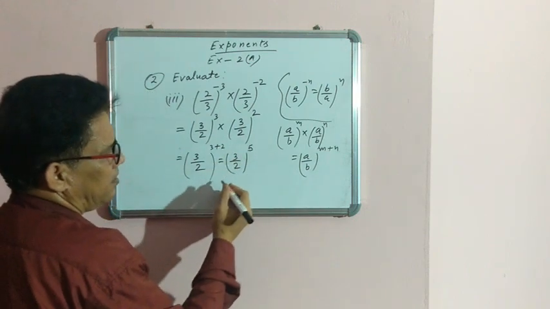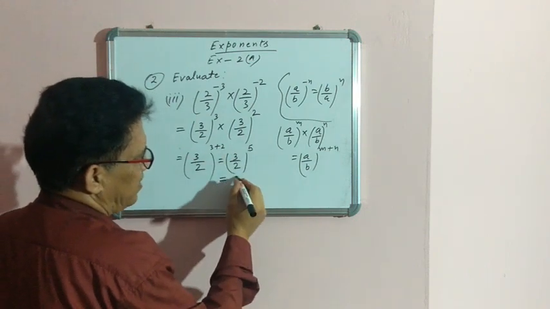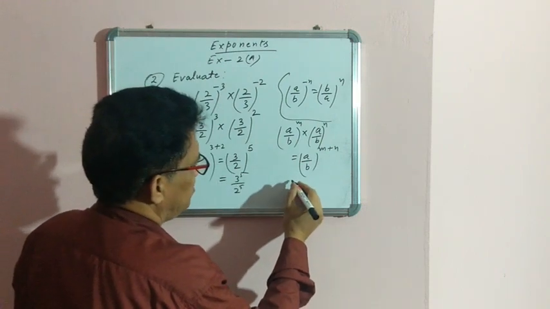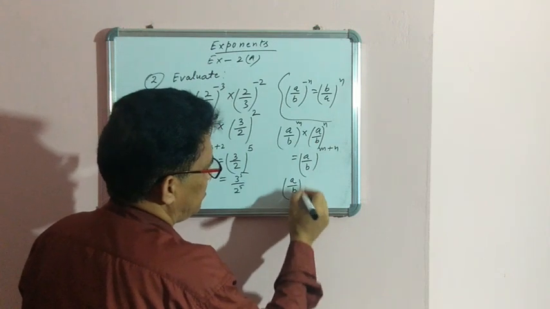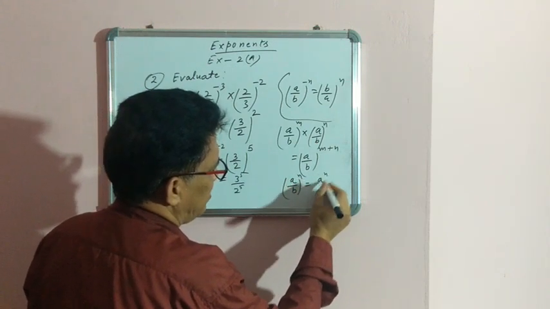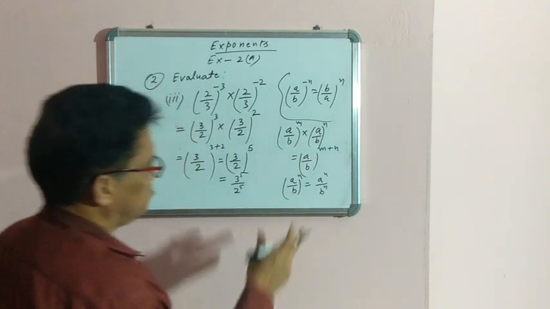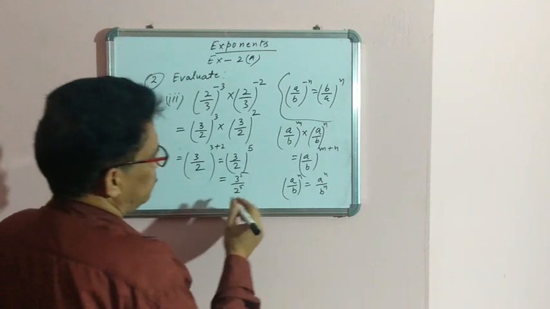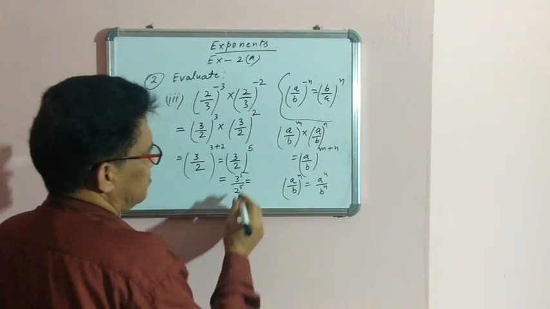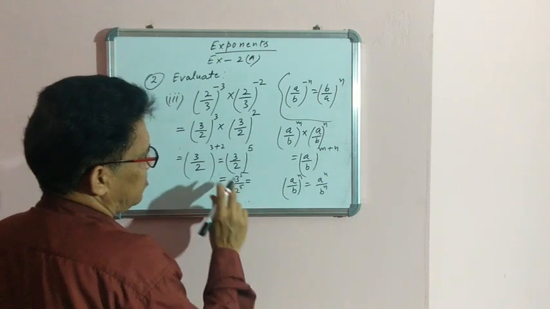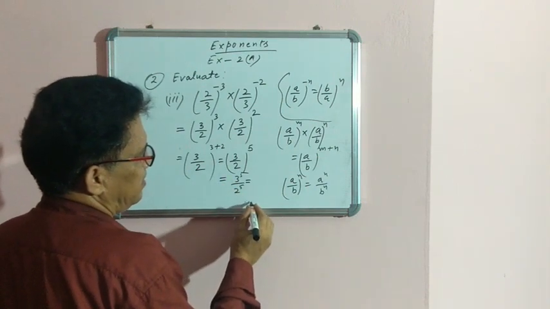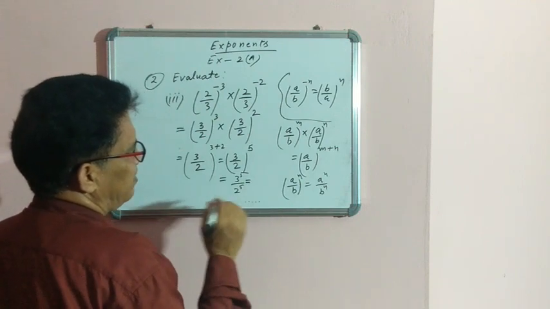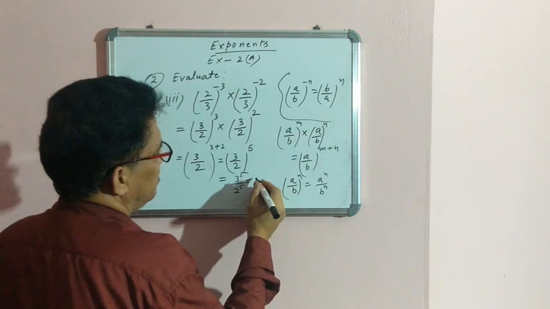Now further, 3 power 5 upon 2 power 5. As you have seen, the law (a by b) power n is equal to a power n upon b power n. According to that law, we have written this one. So now you can multiply it. 3 has to be multiplied 5 times: 3, 9, 27, 81, 243. 5 times, so you are getting 243.